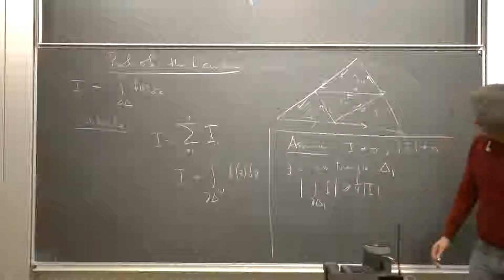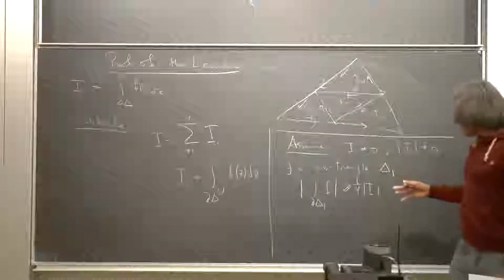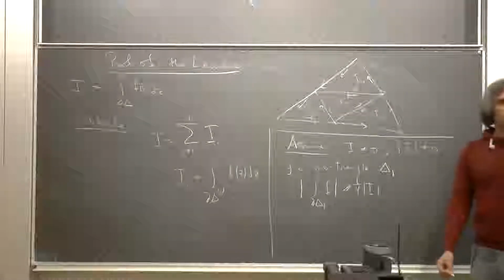If all of them are less, then we get a contradiction.